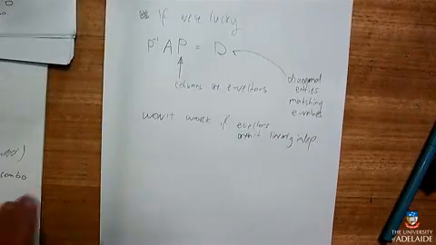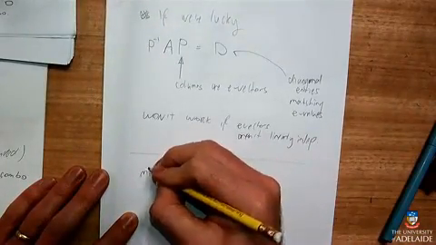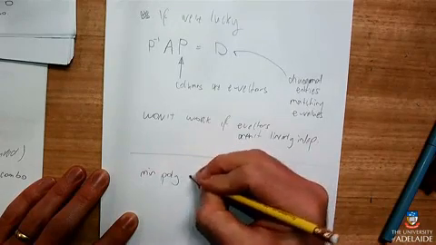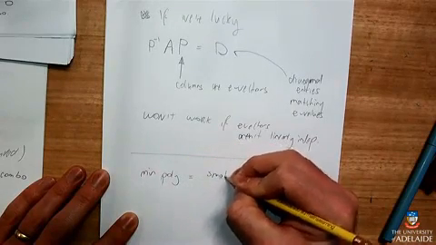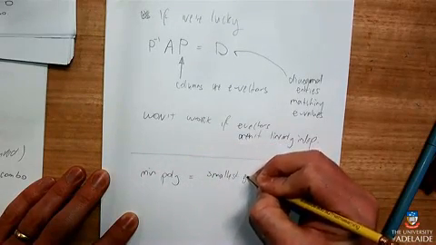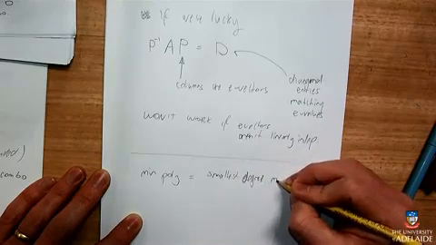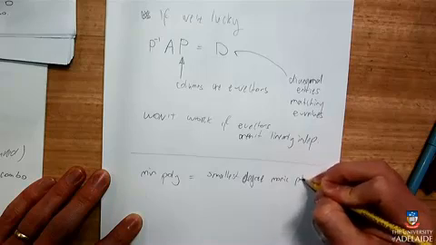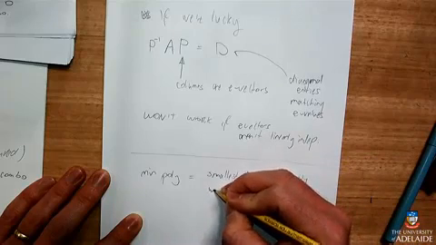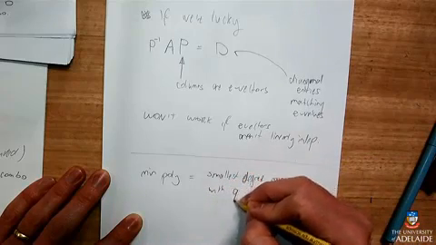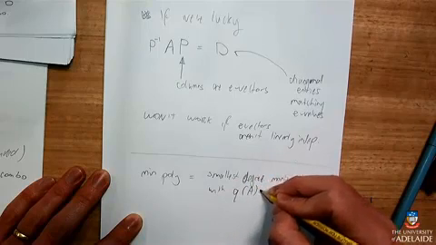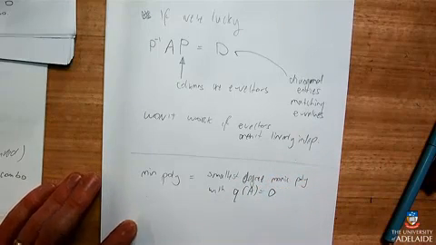So just to make sure I've got this down pat, the minimum polynomial is the smallest degree monic polynomial with Q of the matrix being the zero matrix.